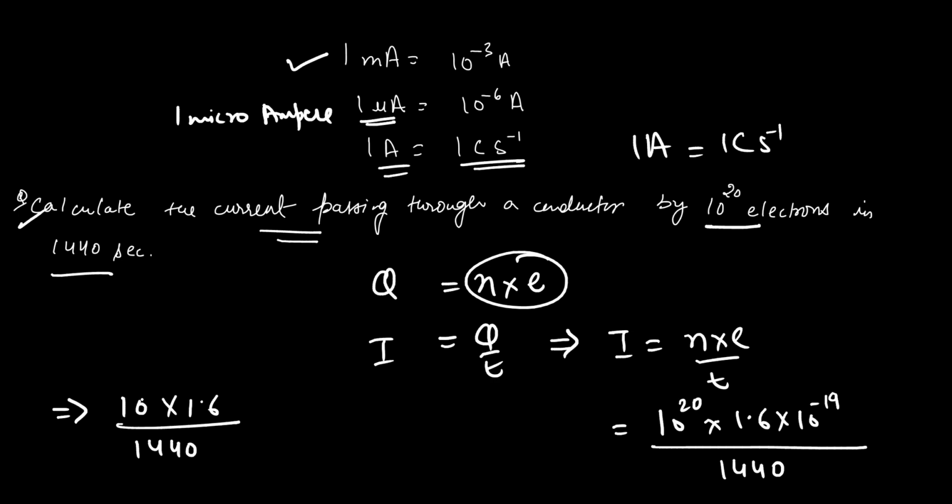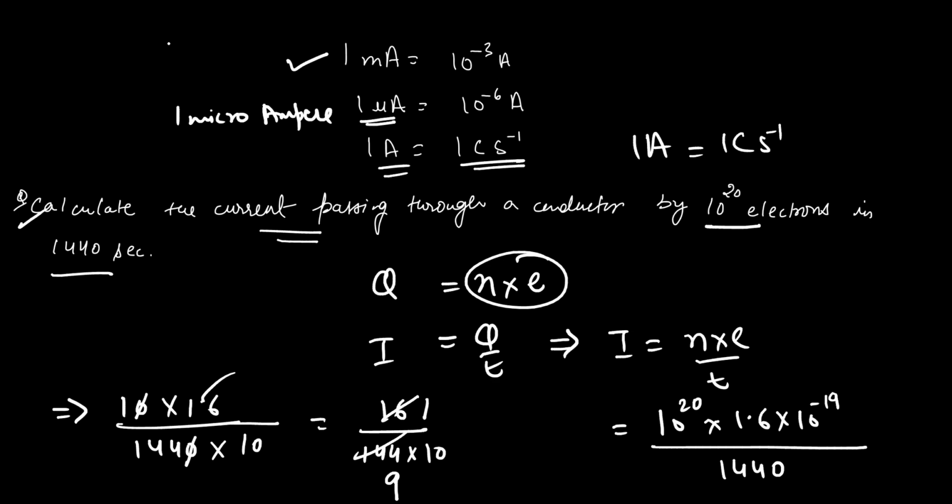Then you have to cancel this 0 with this 0, and again remove the decimals, and you will get 10 here. Now this is 16 upon 144 into 10. 16 ones are 16, 16 nines are 144. So you will get 1 by 90.